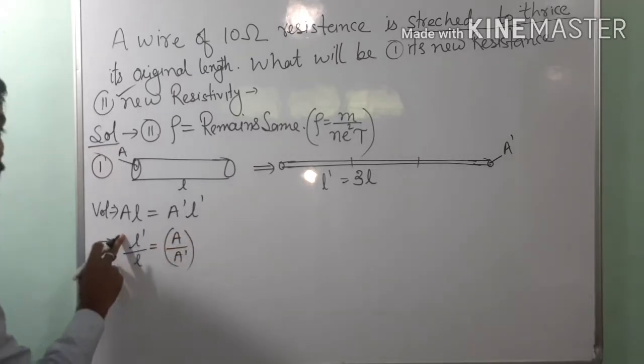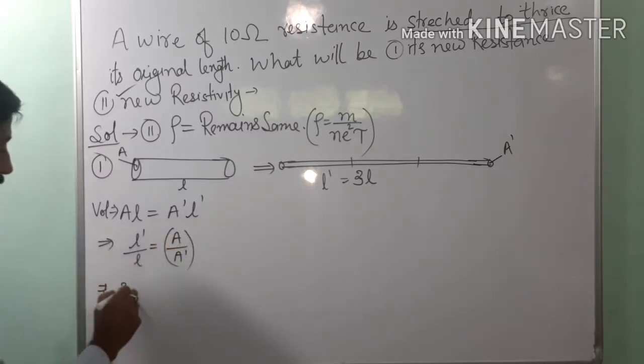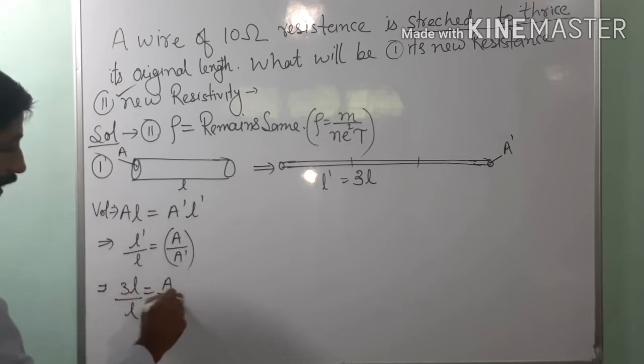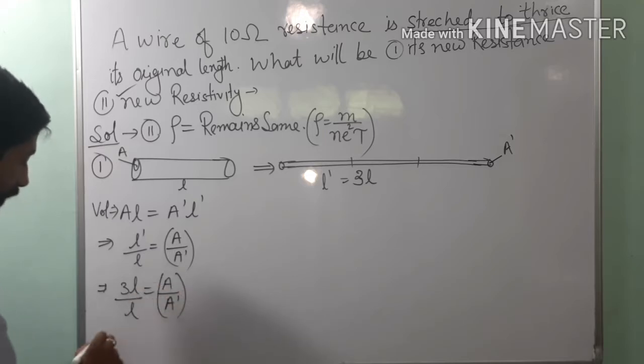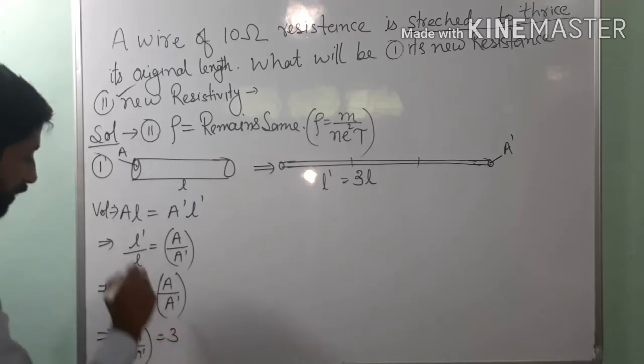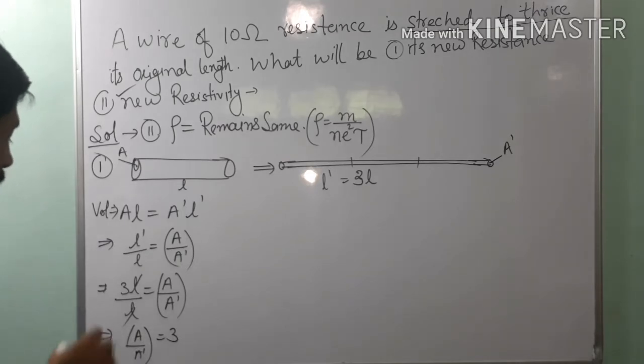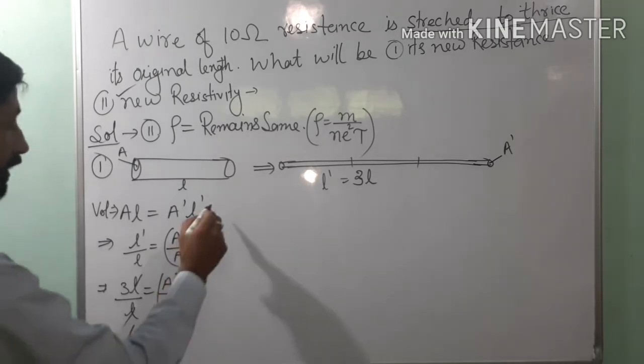L dash is how much? 3 of L, this is the initial length, so A over A dash is equal to 3.